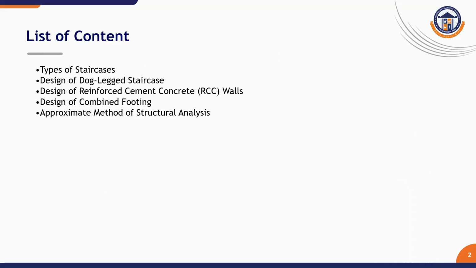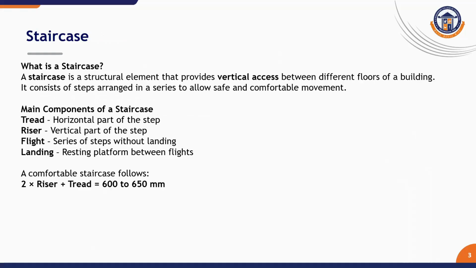Let's start by understanding what a staircase is and its basic components. A staircase is a structural element that provides vertical access between different floors of a building. It consists of steps arranged in a series to allow safe and comfortable movement.